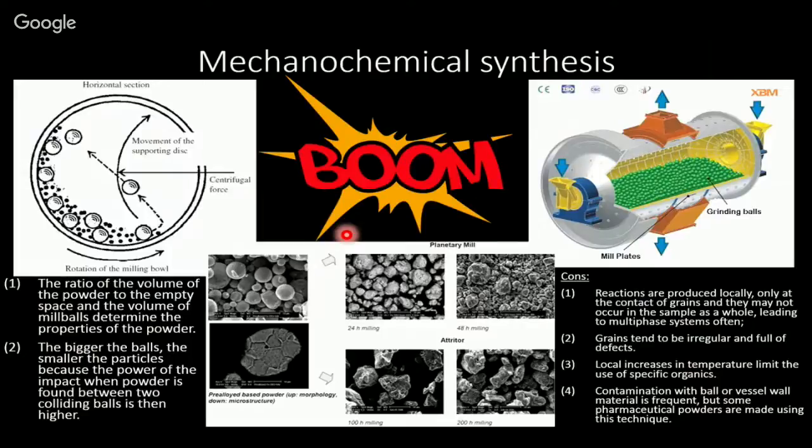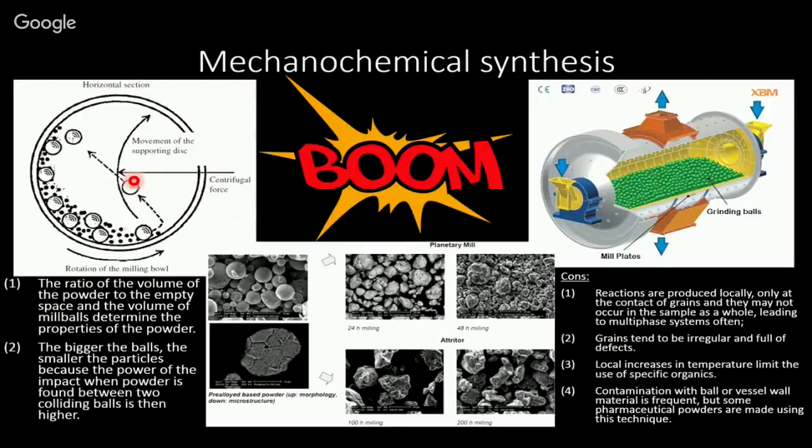I personally use this method when I wanted to create material that requires very high temperature. You create a material at a high temperature, and then what happens at a high temperature? All these nanoparticles start to aggregate, and you want to break these aggregates again. So you put them in the mill, and these little black dots are powders, and these balls are what's spinning inside of the mill.